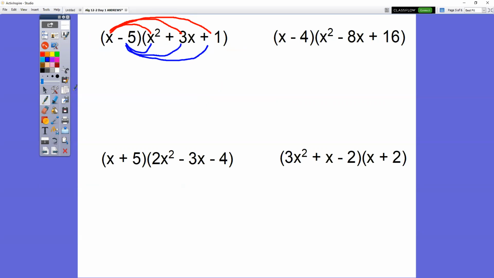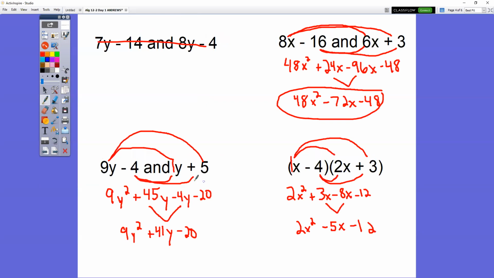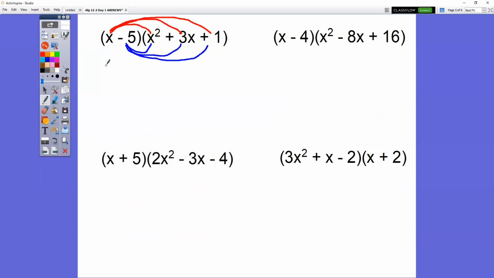So in the last type of question where we were doing a binomial times a binomial, we ended up with 4 terms each time. Well, because we're multiplying 2 and 3 terms, we're going to end up with 6 terms altogether. X times x squared is x cubed because you have to add the exponents. Remember, that's really x to the first.